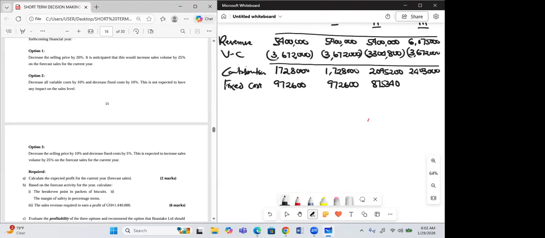It will also be 923,970. The figure again, 923,970.